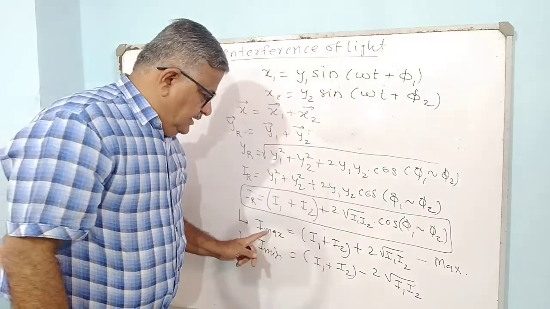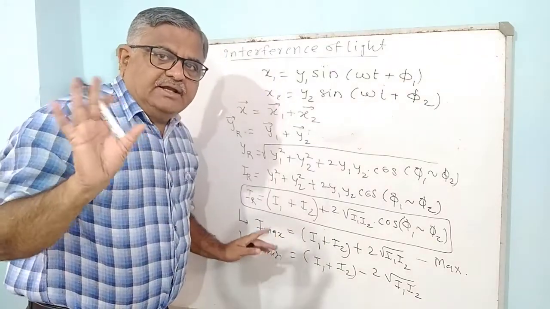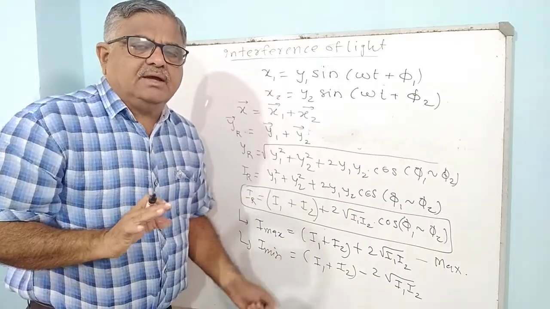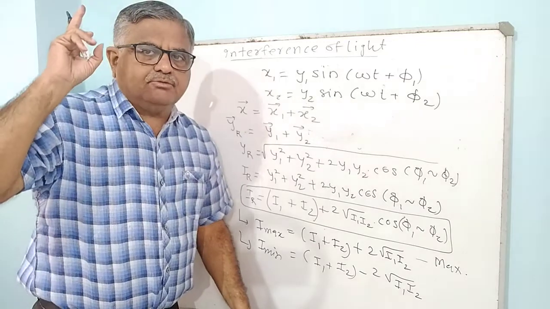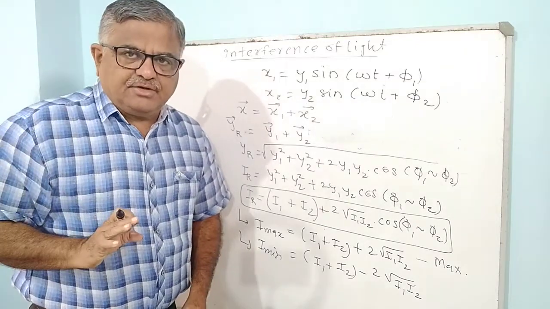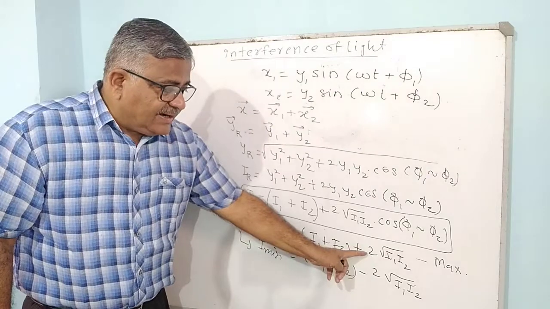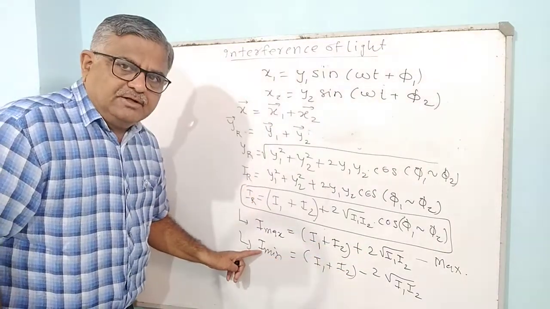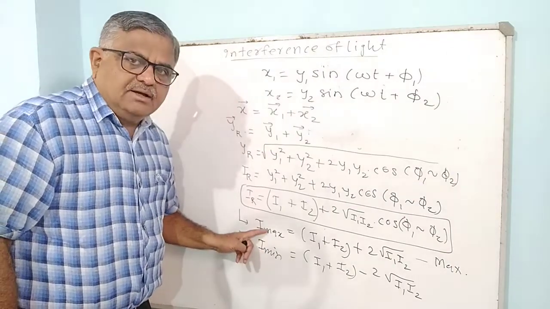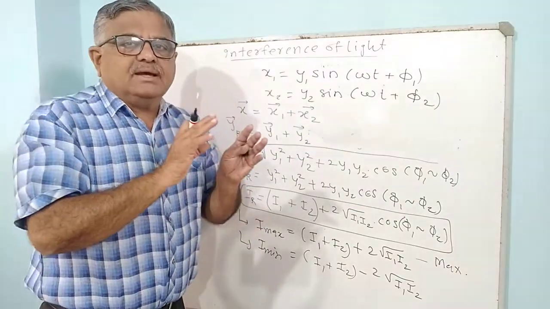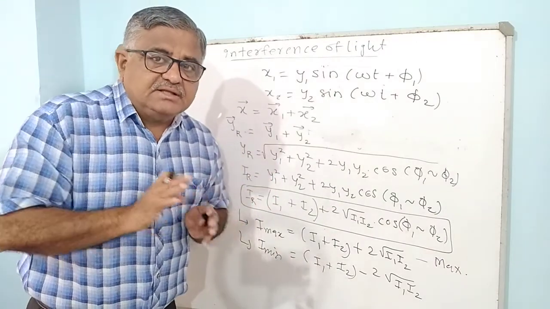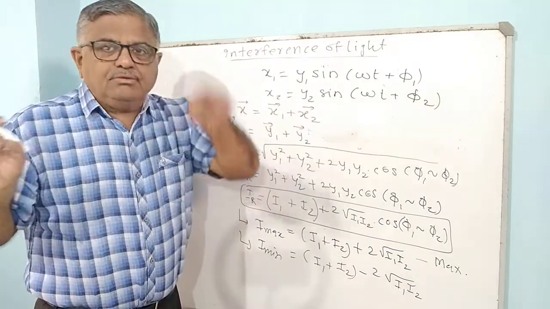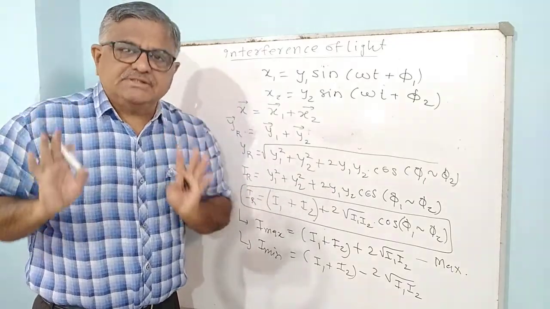At the point where intensity goes beyond expectation, it is not in any way opposing the principle of conservation of energy. Whatever energy is added over here, it is taken from this. The intensity has reduced at the point of minimum intensity, and that has been added over here. So in a certain region, if you have say 50 points of maximum intensity, in the same region you will definitely have 50 points of minimum intensity to give you overall intensity which is conserved.